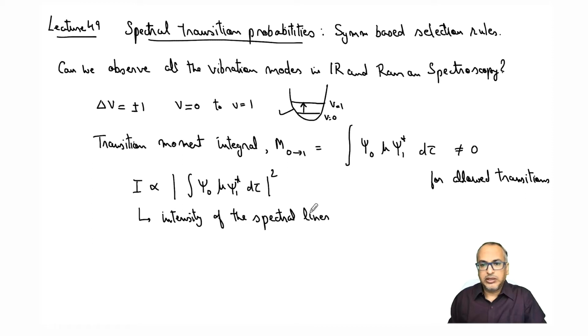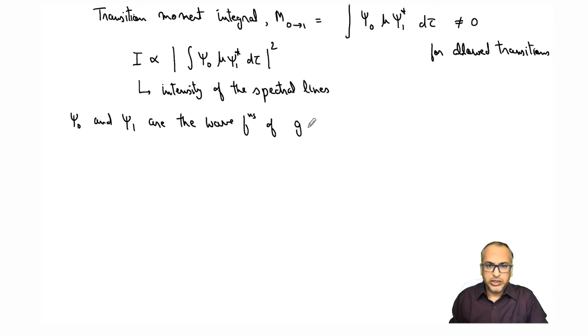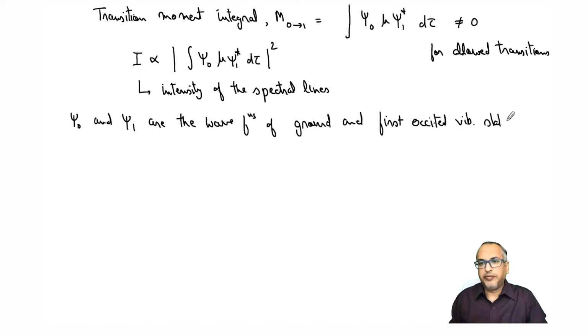So psi 0 and psi 1 are the wave functions of the ground state and the first excited vibrational state. And what is mu?